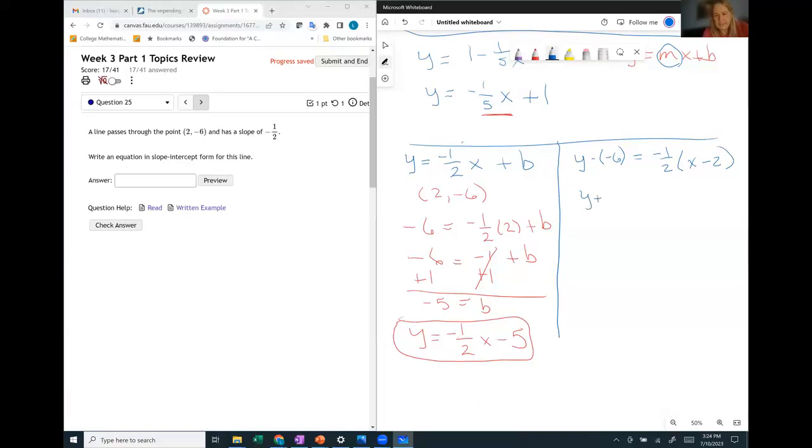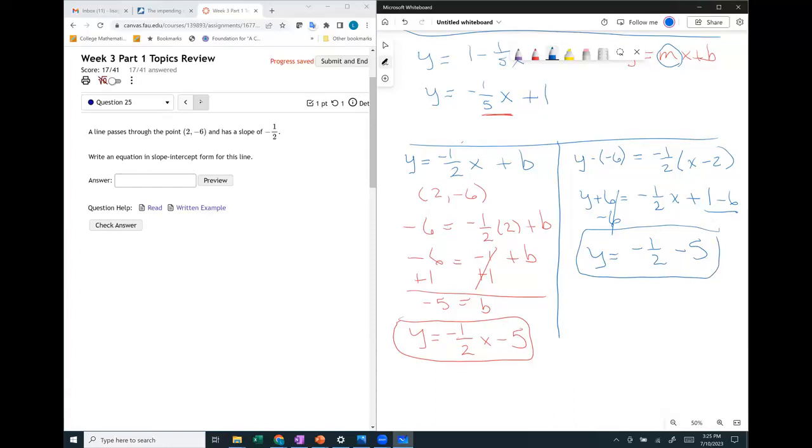I get y plus 6 equals negative 1/2 x plus 1. Negative times negative is positive. 2 over 2 is 1. I can subtract 6 from both sides. And I have y equals, because the 6's will disappear, negative 1/2 x minus 5. 1 minus 6 is minus 5. But look, it doesn't matter how I do it. You get the same answer. So it's really sometimes just a matter of choice.